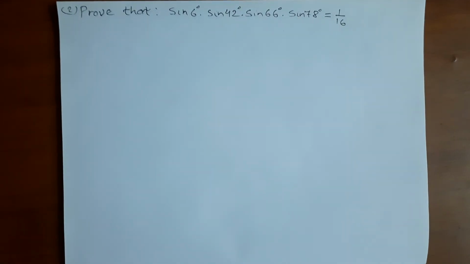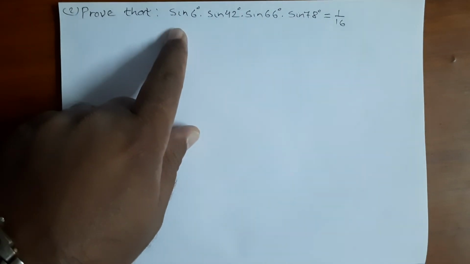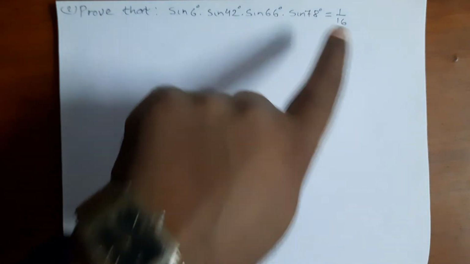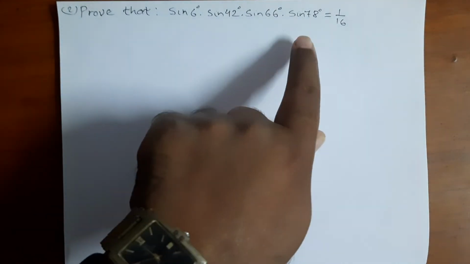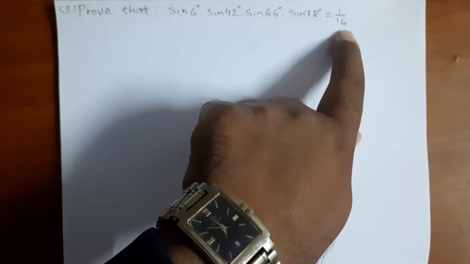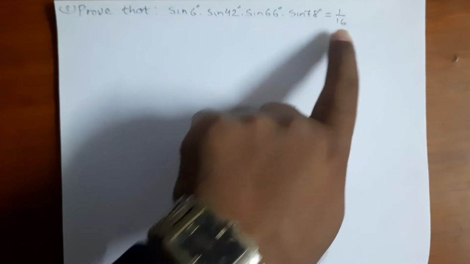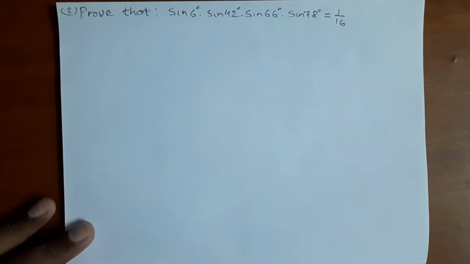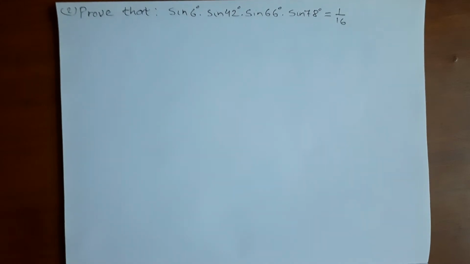So first of all, I will suggest you check it with a calculator. Press sin 6, sin 42, sin 66 and sin 78 in the calculator, and the calculator gives you the value 1/16 or the decimal value of 1/16. When you confirm the question is correct, then you can proceed, so that your precious time will not be lost in the examination. So now let's start this question.